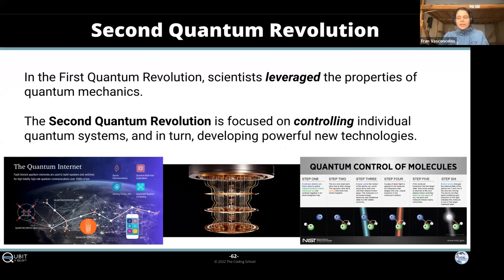And even in quantum computing itself, one of the modalities by which you can build a quantum computer is by trapping ions in magnetic fields. That requires a really specific ability to control these microscopic objects and really manipulate and harness their quantum properties.